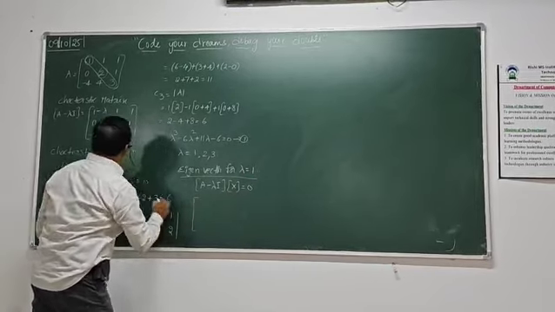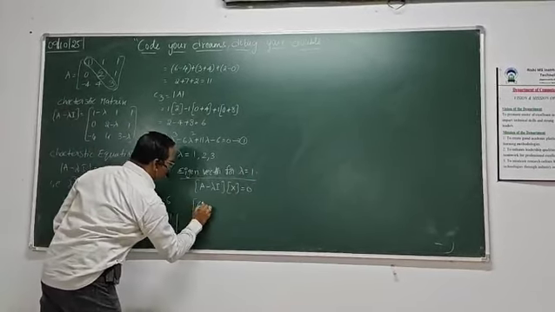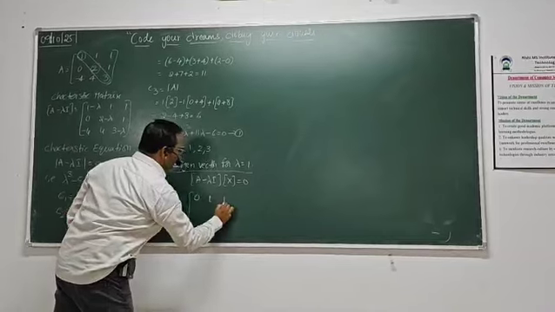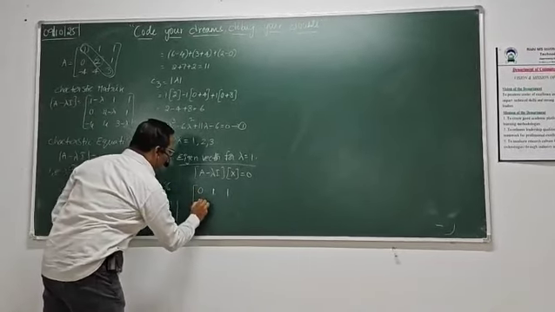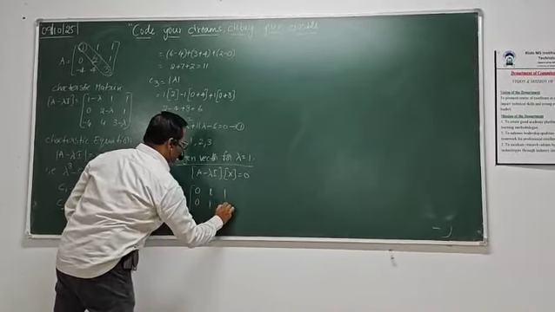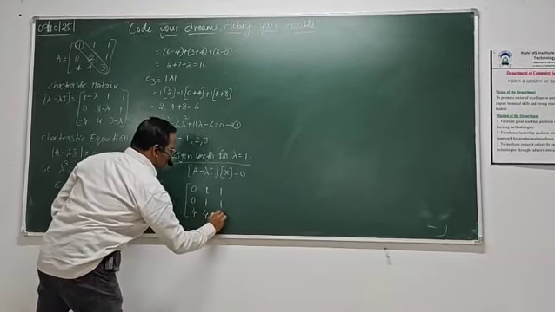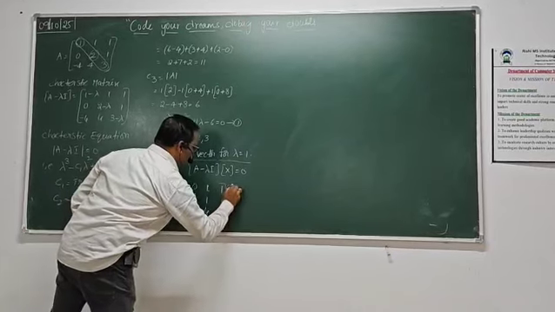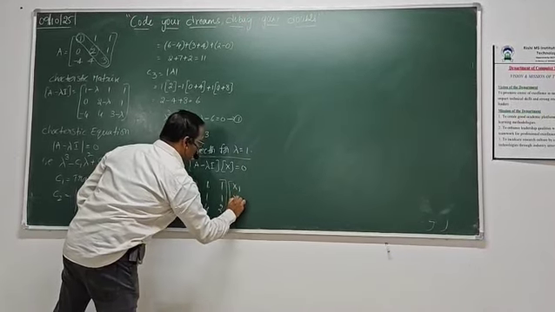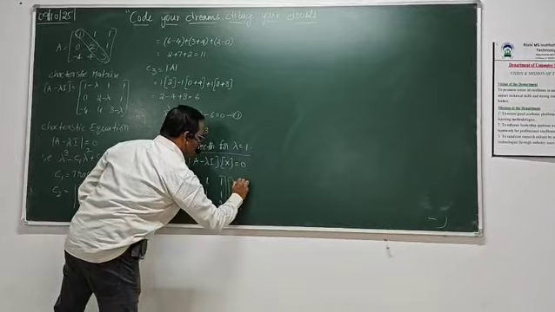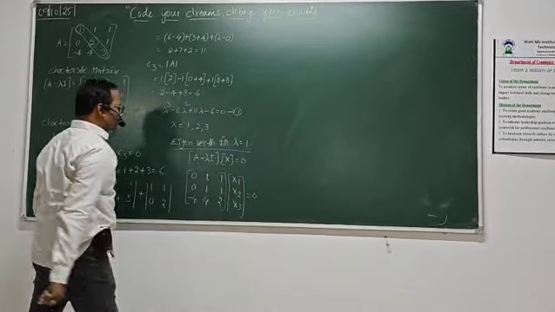So that is 1 minus 1 is 0, 1, 1; 0, 2 minus 1 is 1, 1; minus 4, 4, 3 minus 1 is 2, and x is x1, x2, x3, equal to 0.